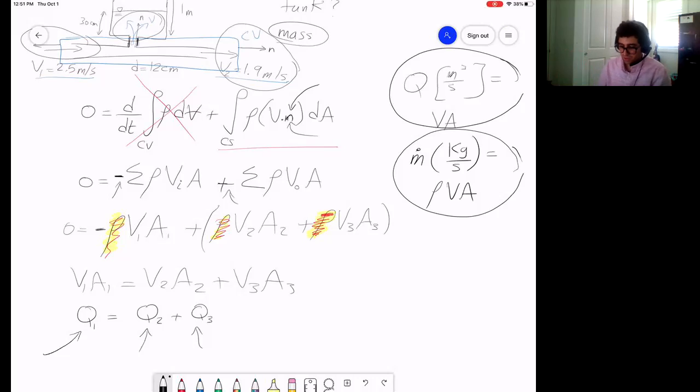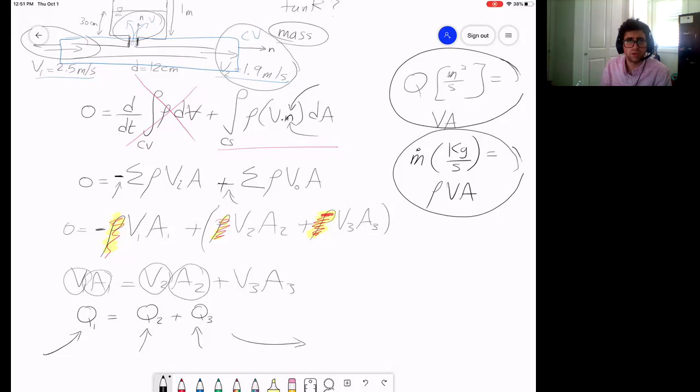Okay, good. So you can solve for this one. You can plug in values. We know V1, we know A1, we know V2, we know A2. It's the same pipe, same diameter, 12 centimeters.